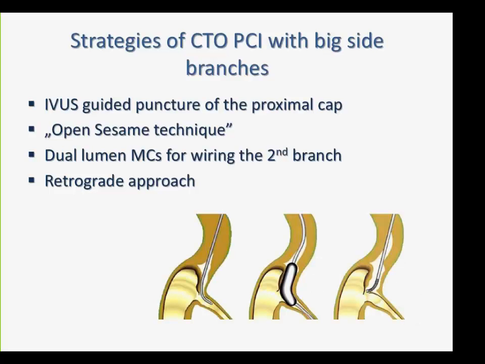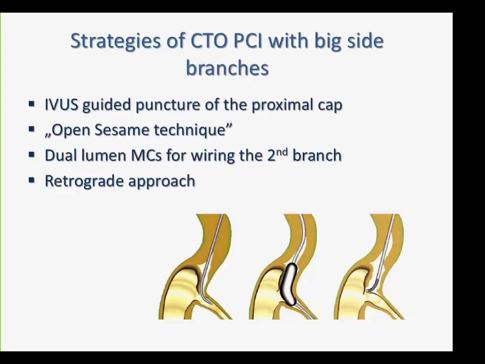The next one is an old technique, the open sesame technique, which is typical in the case when the wire gets into the side branch, not in the main branch. And for facilitation to enter into the main branch through the proximal cap, we do a balloon dilation at the proximal main branch through to the side branch.